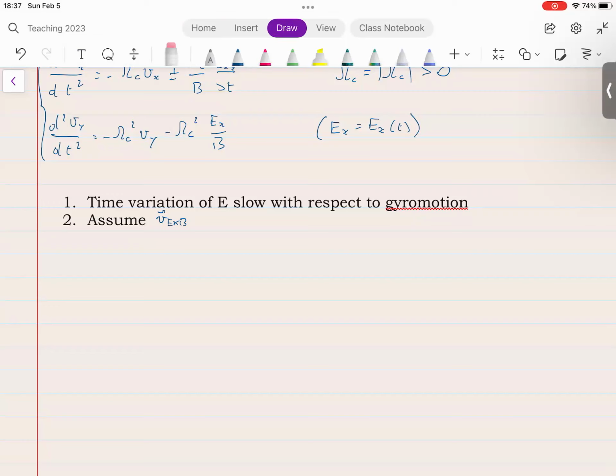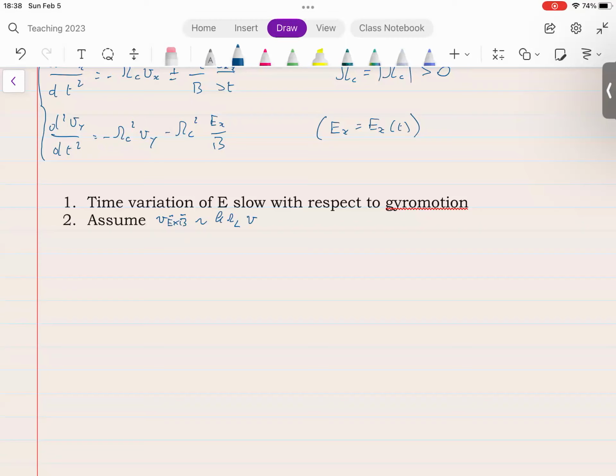Well, let me just use the absolute value, so I'll do without the vector on the velocity itself, is of the order of k, typical scale length for my system, times Larmor radius times the velocity of the particle.